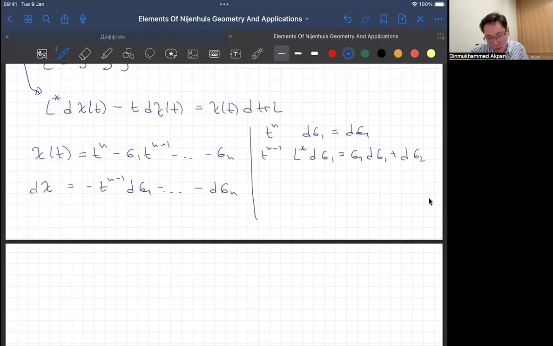And for any k, for power t^k, we will have L star d sigma k equals sigma k d sigma 1 plus d sigma k+1.